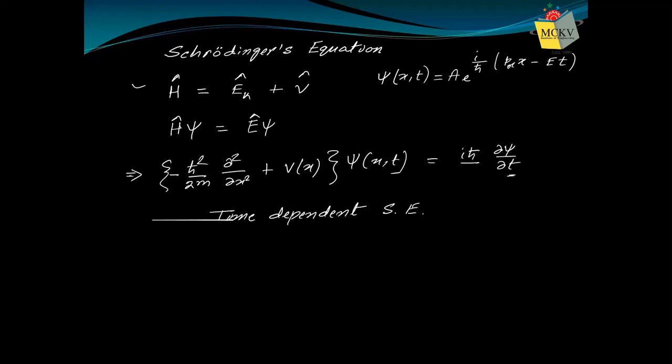Now, this equation is similar to the Newtonian force equation in classical mechanics. That means in classical mechanics we have to solve for x. Here we have to solve for psi. So what was psi? We have been talking about psi from the beginning. What is psi? Psi is actually the solution of Schrodinger's equation.